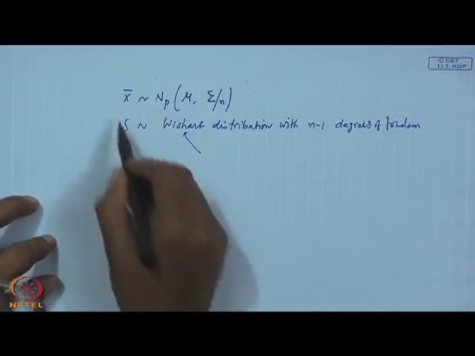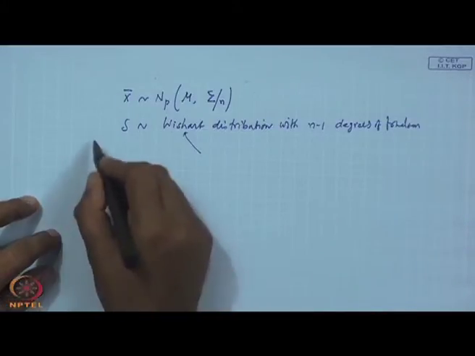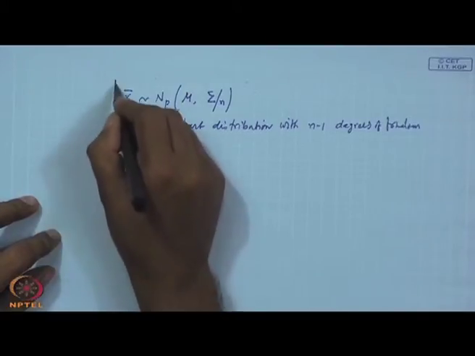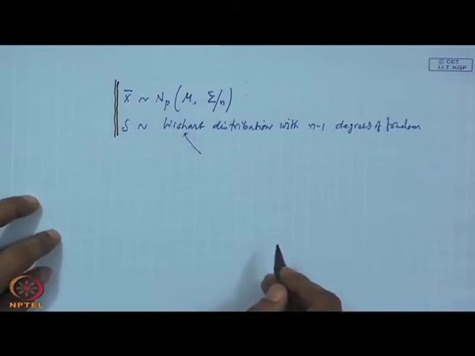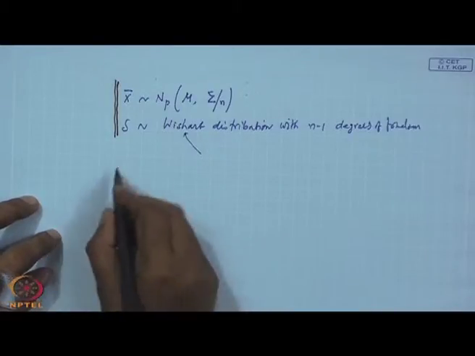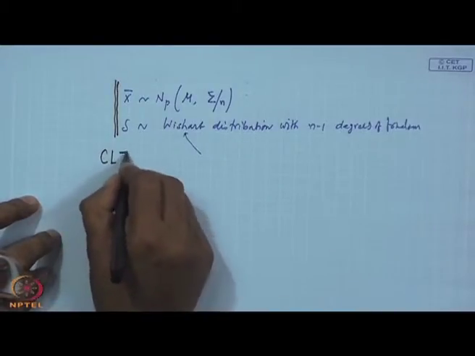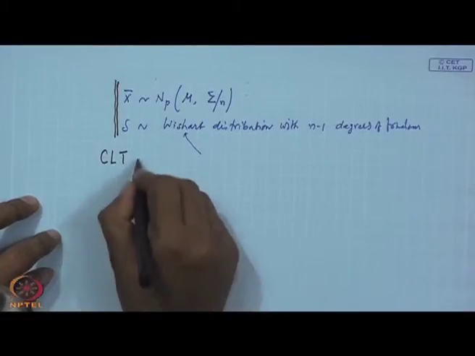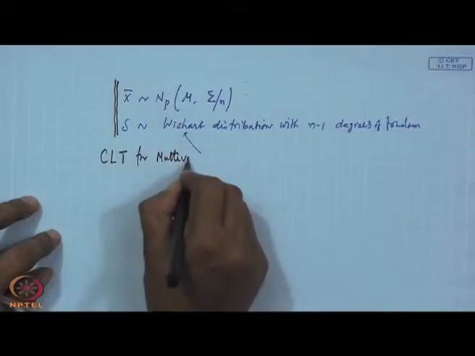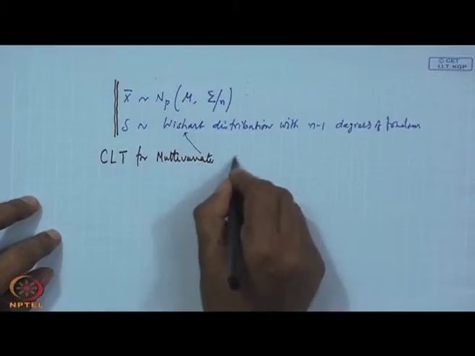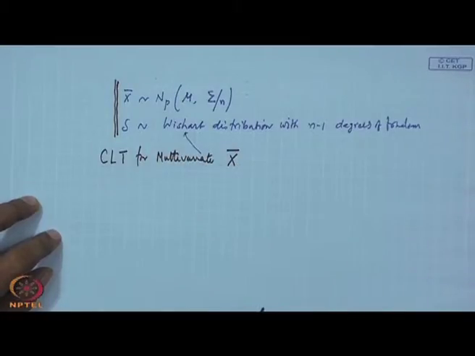Okay. Now, the other issue you have seen in the univariate case also is the central limit theorem. Now, the central limit theorem for multivariate data, for the multivariate random variable x bar.